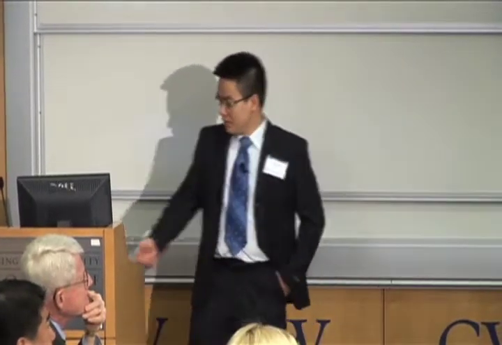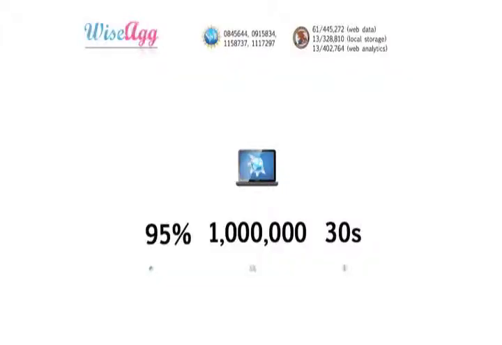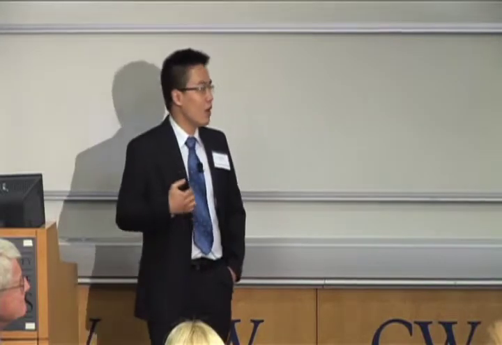So how accurate are we talking about? Our formal experiments have shown that we can reach 95% accuracy over 1 million files within just 30 seconds. And this is why WiseAgg could be the next Google for aggregate information search.